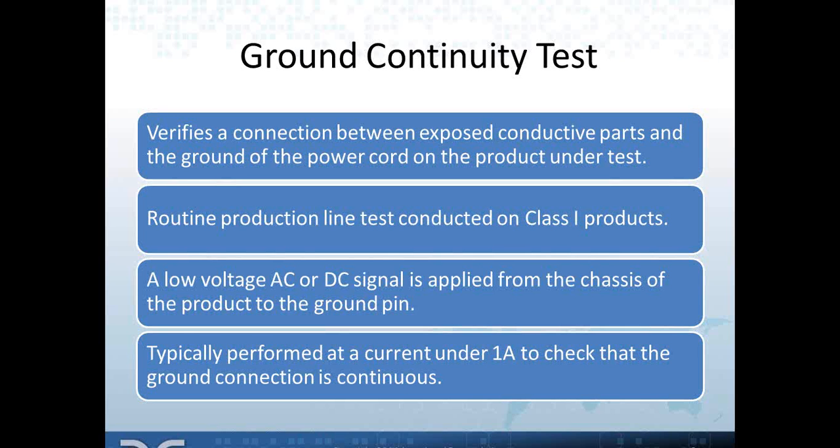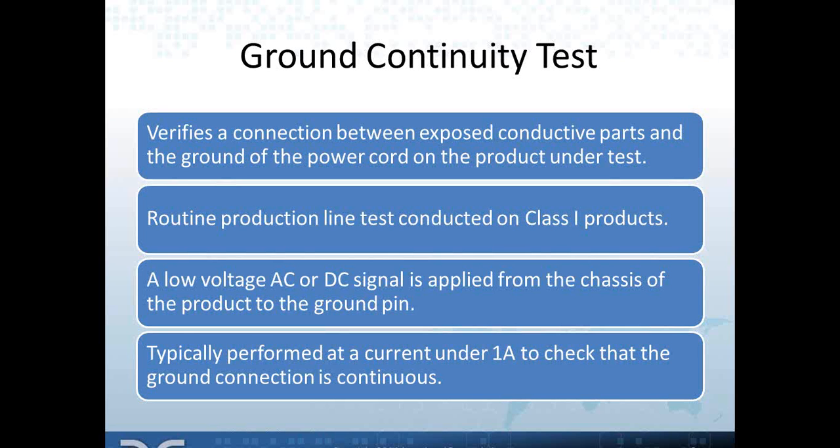Now, if the ground circuit is of low enough impedance, the current will circulate through the ground conductor of the equipment, enabling the circuit breakers or fuses to open. By grounding the exposed metal parts, all normal leakage current is safely routed to ground and does not flow through the people who touch the product.